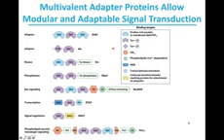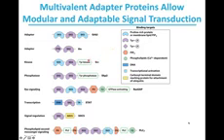And this brings about indirect effects on the downstream signaling pathway. So many proteins in signaling pathways are multivalent, and they can interact with different proteins simultaneously to form multi-protein signaling complexes.